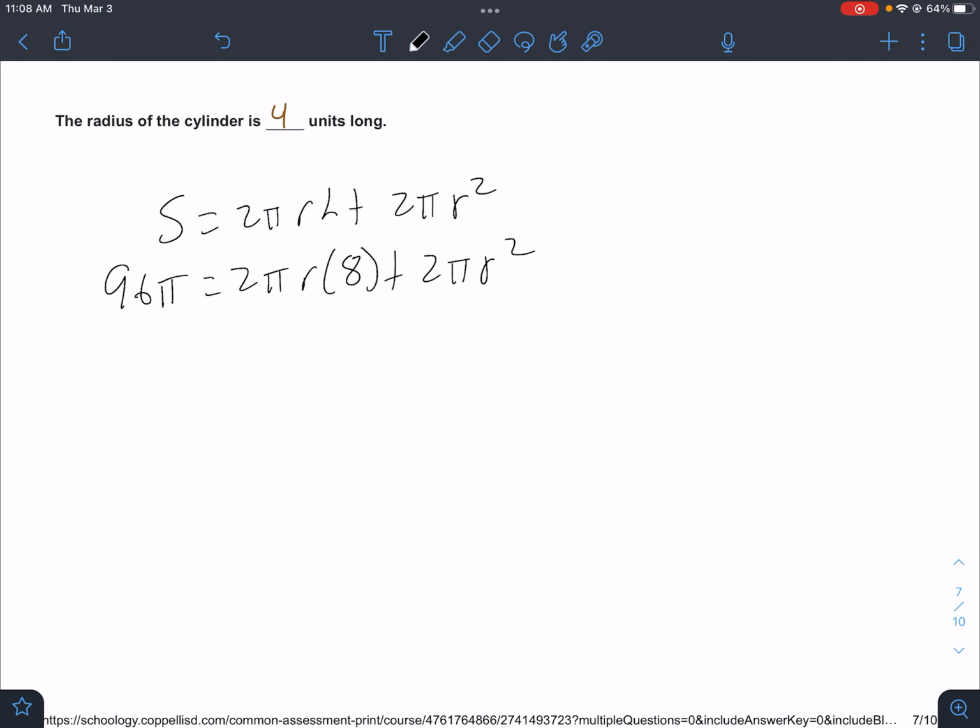Well, this is going to be a harder one. First thing I can see is I could divide everything by 2 pi. 96 divided by 2 pi is going to be 48. The 2 pi's cancel out. This is going to be 8r plus r squared. Every term I could divide by 2 pi.